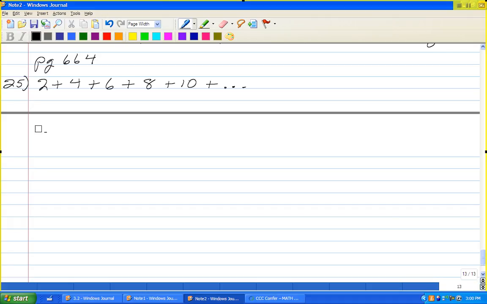Okay, so we'll just use the following formula, that S sub n is equal to, well, actually I had two formulas. I could either use the formula where I add up the first and last term. Do you know the last term? No. Or I could use the other formula, which is n over 2 times 2a1 plus n minus 1 d. We know what n is. n is 100.